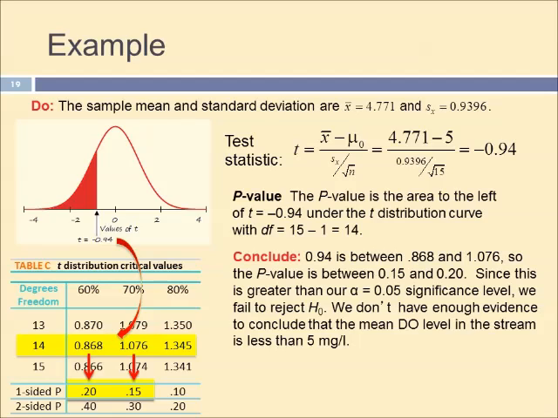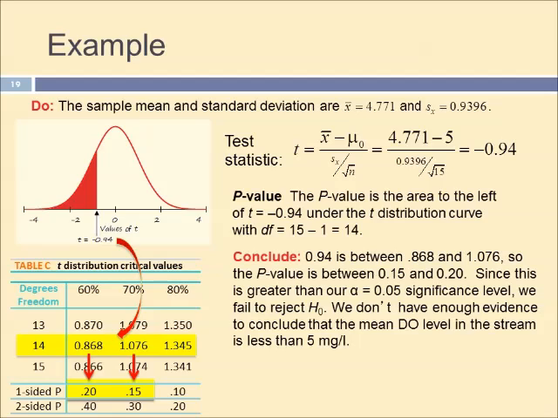So once again, we can estimate the p-value by looking at the bottom of the table where we have one-sided and two-sided p-scores. And in this case, the p-value falls between 0.15 and 0.20. And since it's greater than our alpha level of 0.05, we fail to reject the null hypothesis.